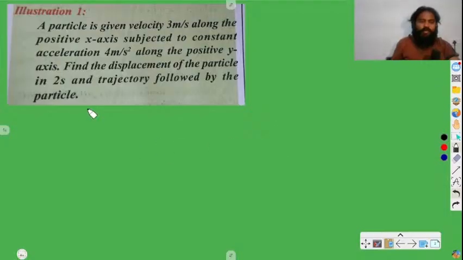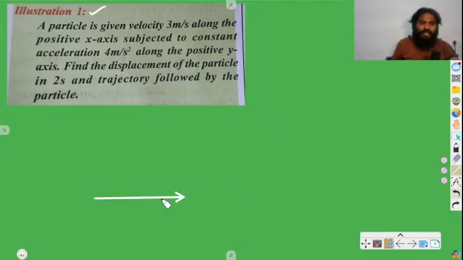So now here, if you observe carefully, coming to the first problem, what they give: a particle is given a velocity of 3 meter per second along the positive x-axis. Okay, let us have the positive x-axis here. So this is the positive x-axis.